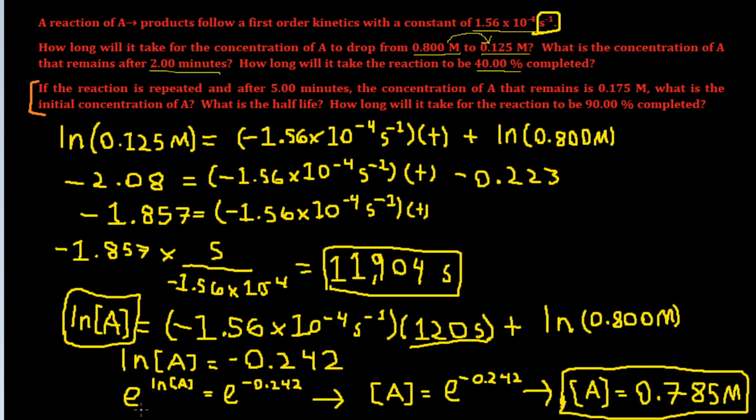Then to solve for the natural log, we do Euler's number, or e, to the power of natural log of A, and then on the other side, Euler's number to the power of this number, negative 0.242, and then the e and the natural log will cancel each other out.